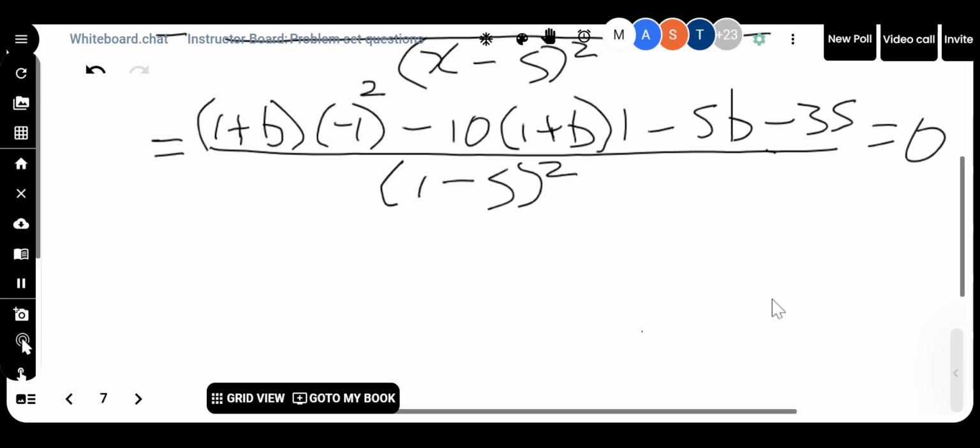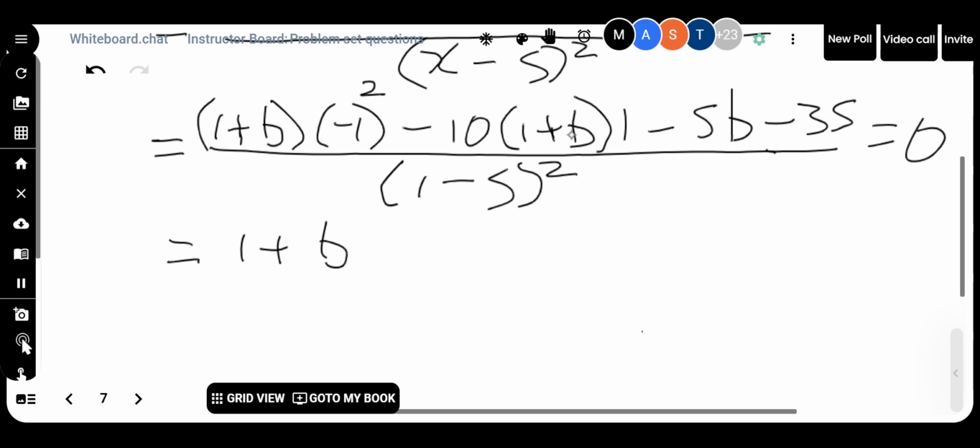Okay, now let me point something out to you. When you have a rational function like this, it doesn't seriously matter what's on the bottom of the function. If it's set equal to 0 and you're trying to solve for something, you really should be figuring out the top. Thank you, Sarah. If you cross multiply right now, it's really the top that matters. So this is equal to 1 plus b, right? And minus 10 times all of that.